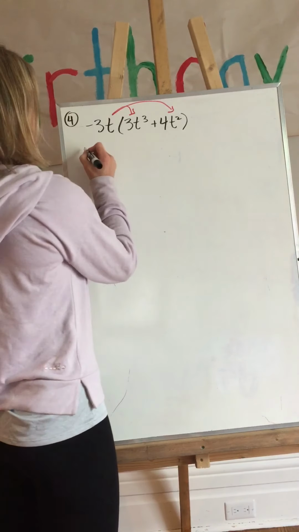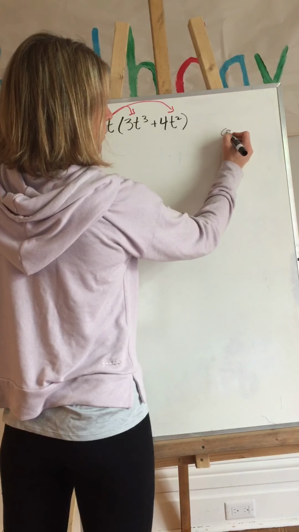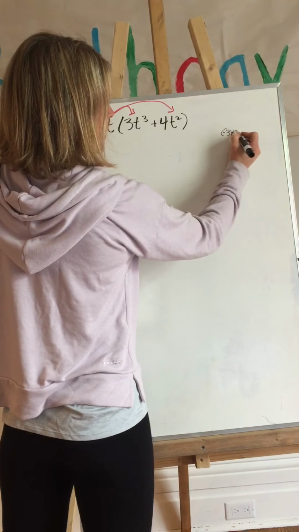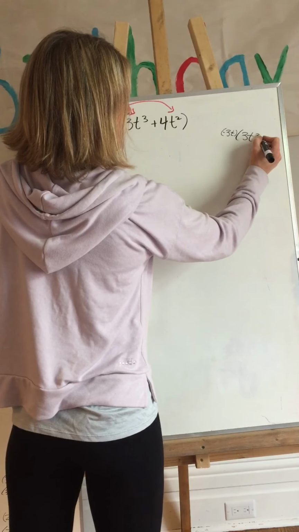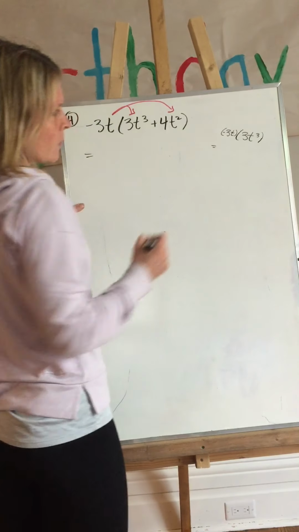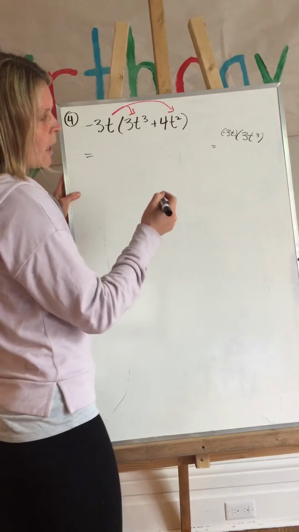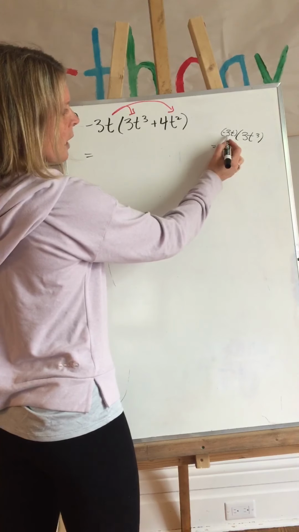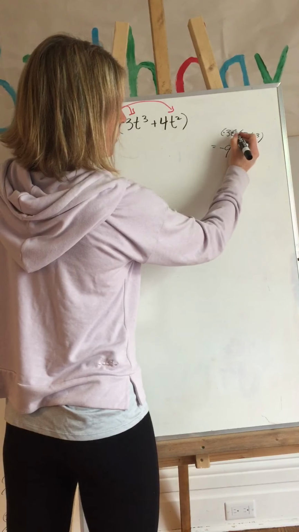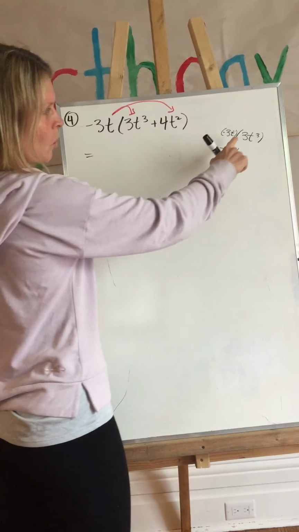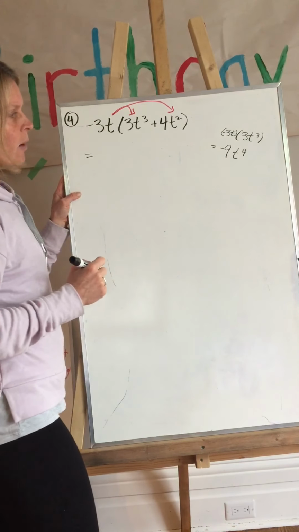So my first arrow is negative 3t, so I'll do my rough work over here, negative 3t times 3t cubed. Okay, so you did a lot of examples like this on your worksheet from the last lesson. So negative 3 times 3 is negative 9. And then t, this has an exponent of 1. So 1 plus 3 is t to the power 4.